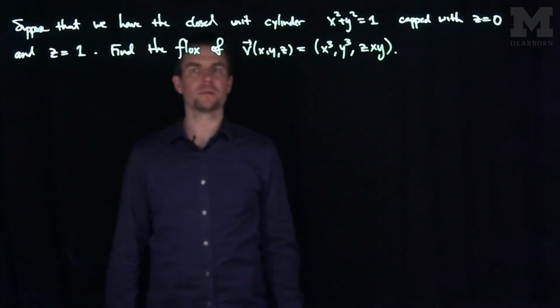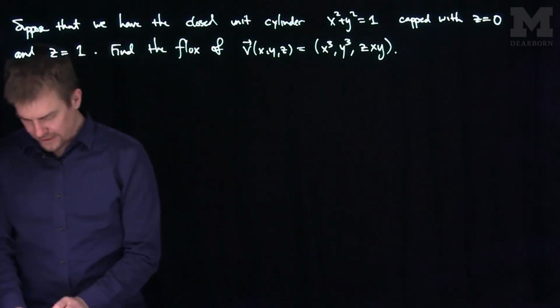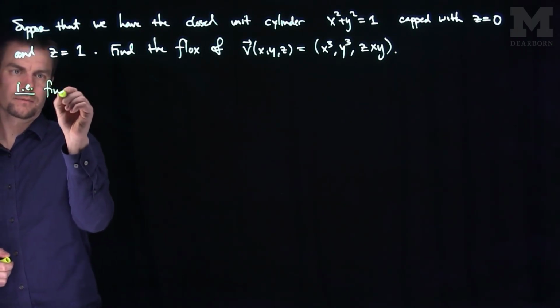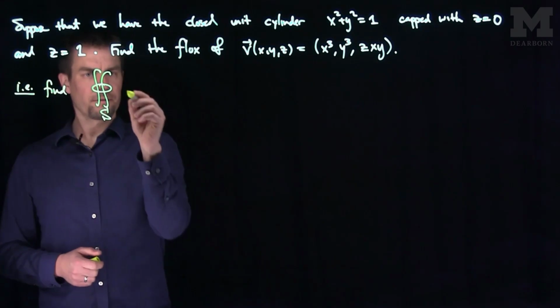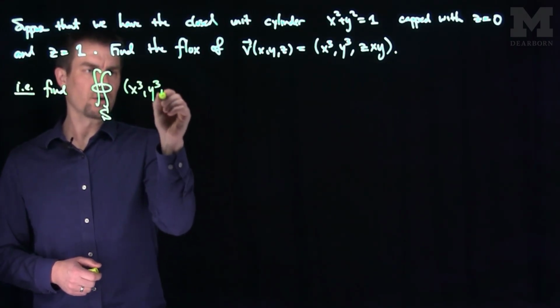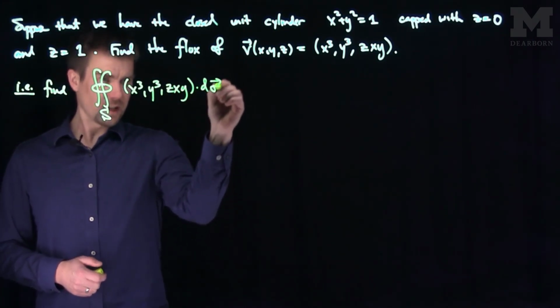Okay, so there's my vector field. And so what we're asked to find is the flux of this vector field. So that's going to be the integral of x cubed, y cubed, z times x times y dot d sigma.